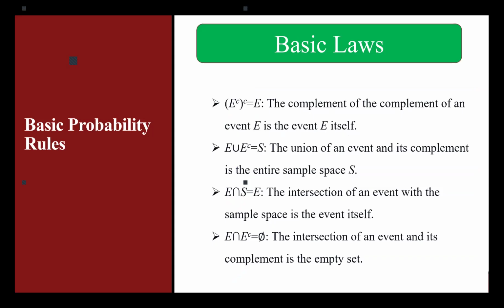Now, based on those definitions, we have some basic laws mathematically. They are quite straightforward if you follow the definitions, so they are not very complicated, to be honest. But they are the base of all the mathematical derivations that you will do over sets. These are not about probability or calculating anything. We have some sets and we don't know what's happening inside them.